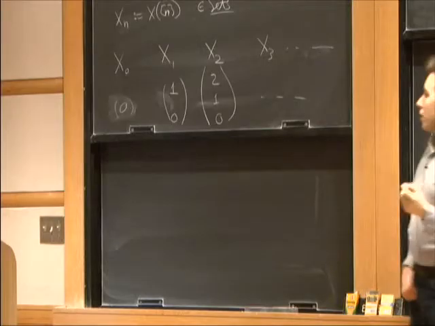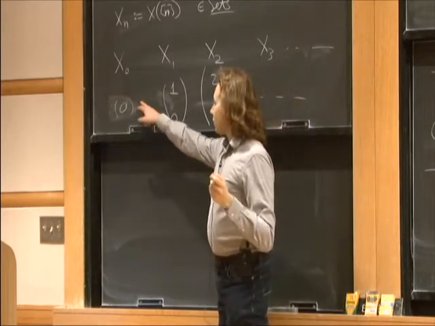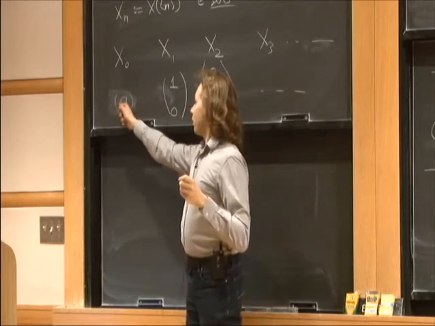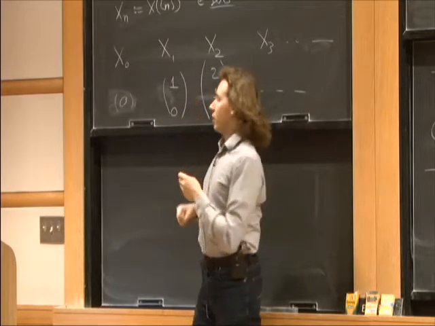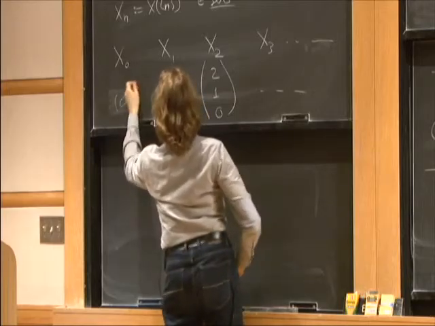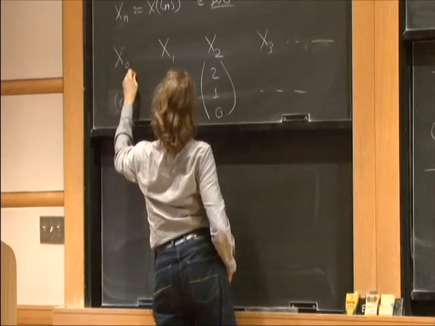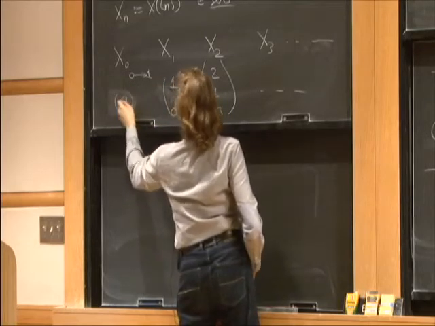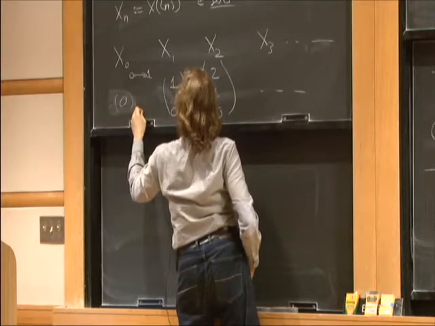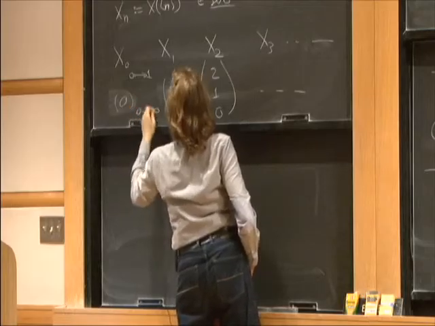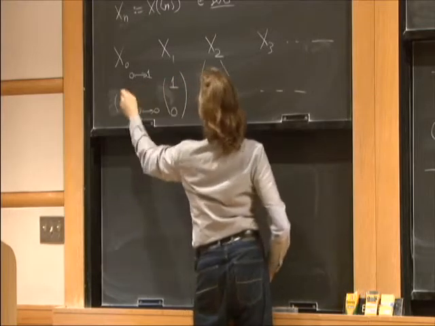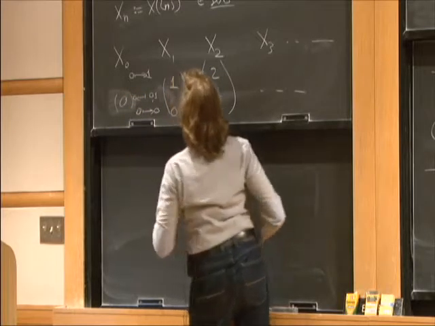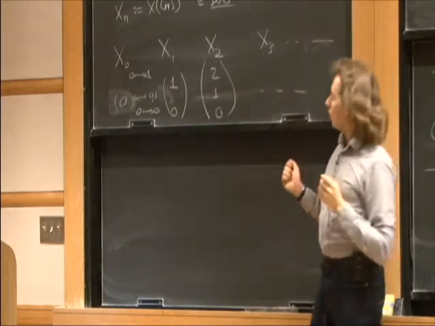And what maps are there between these? There's a map from 0 to 1, which takes 0 to 0. And then there's the map going the other way, which sends both 0 and 1 to 0.